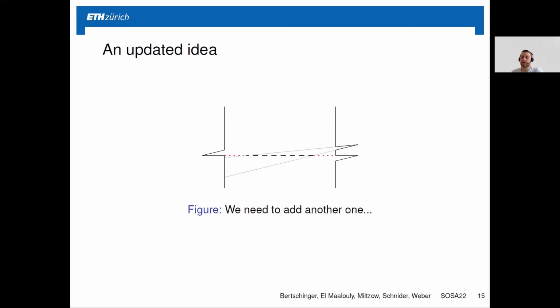And to avoid that, we can update our idea. Namely, we can add two additional pockets so that whenever a guard stands on the black dashed guard segment, then he sees all four pockets. However, when he stands on the red extensions, then he does not see these additional pockets. And with this, we know that whenever we have this blue area and there is a single guard in this blue area, then he needs to stand on this dashed guard segment as planned.